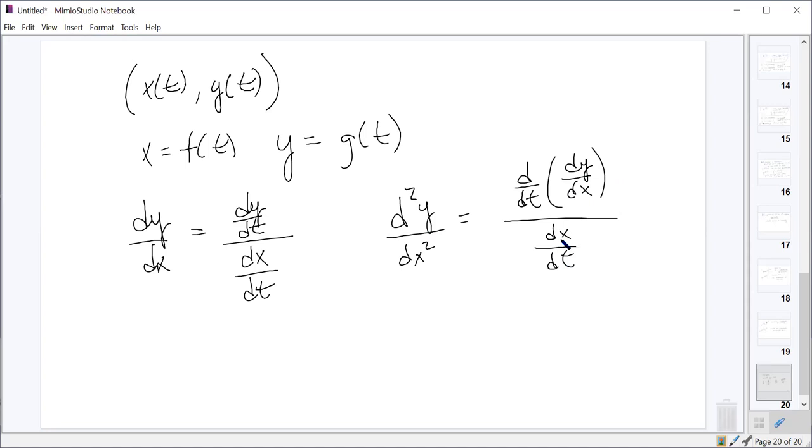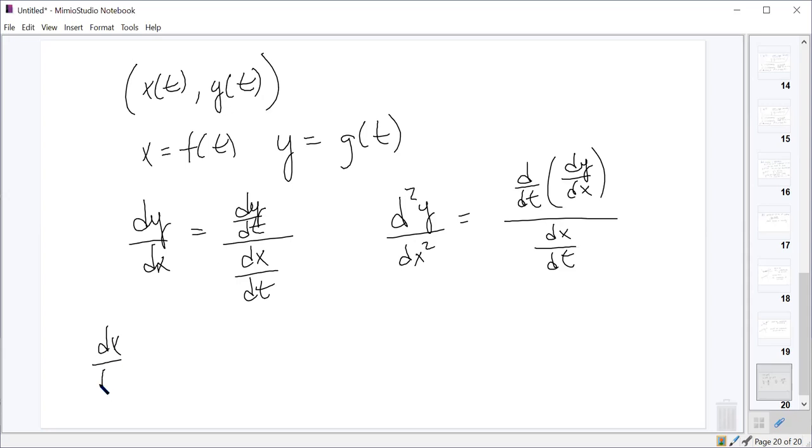Remember that we can find a max and a min by just investigating the max and min of the y function, and we can find a rightmost and a leftmost point by investigating the max and min of the x function.